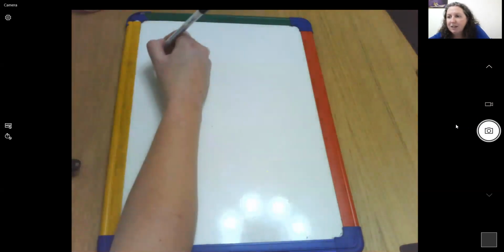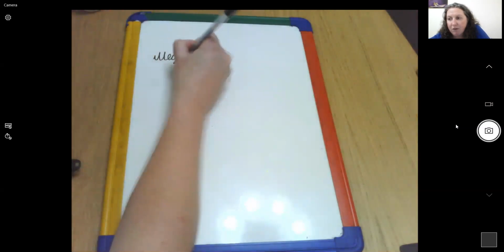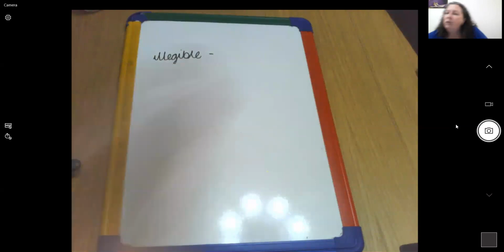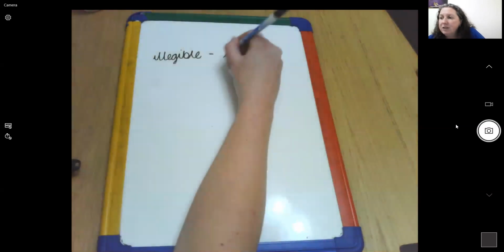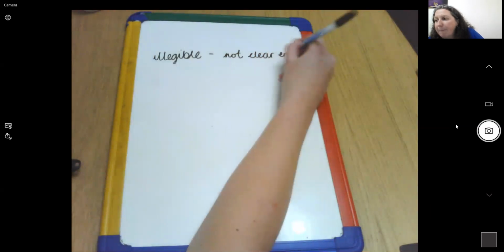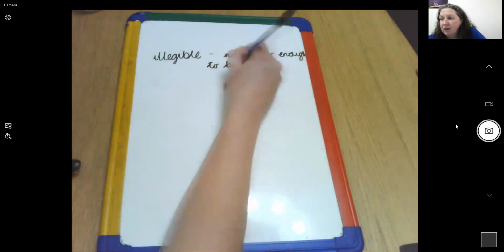So I'm going to write that on my whiteboard. And then I am going to write the new definition. If I knew that it meant that it could be read or it was clear enough to be read, by making it the opposite, or making it a not, illegible now means that it is not clear enough to be read.